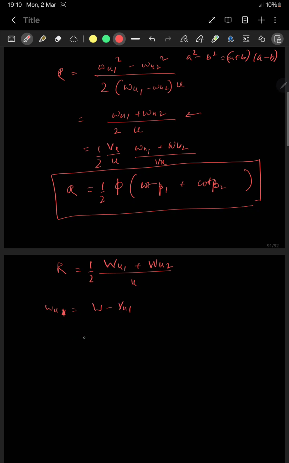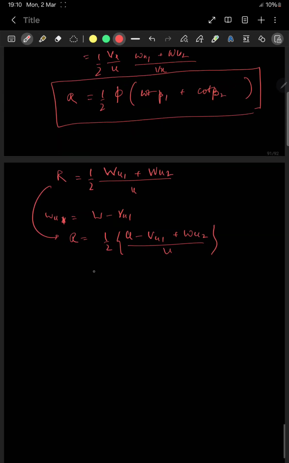So we can write R equals half into u minus vu1 plus wu2 divided by u. So this can be written as half into 1 minus, now we can write vx by u and vu1 by vx plus wu2 by vx.